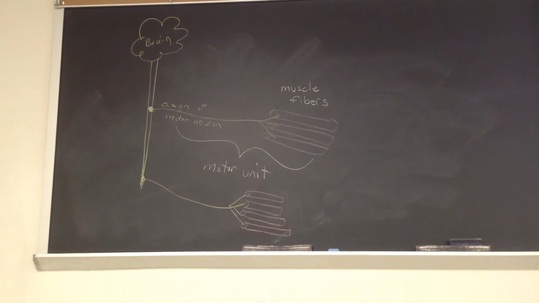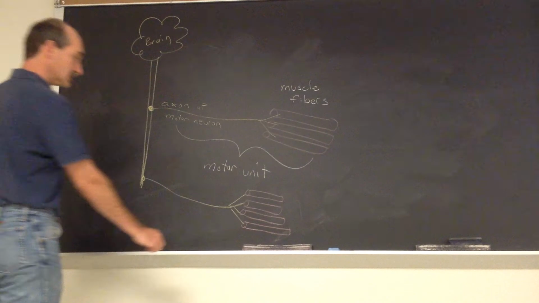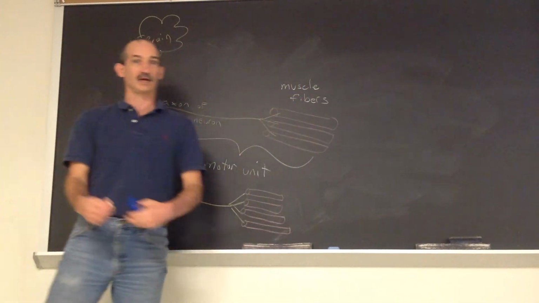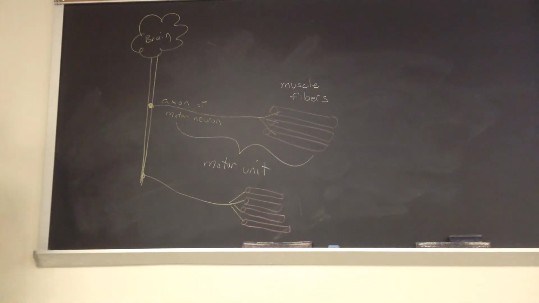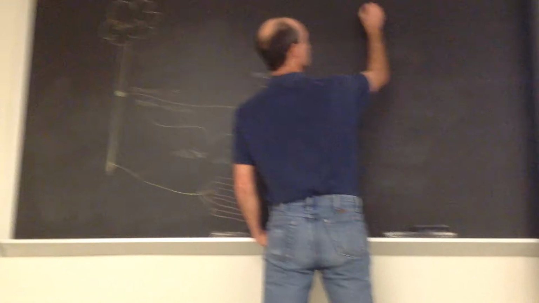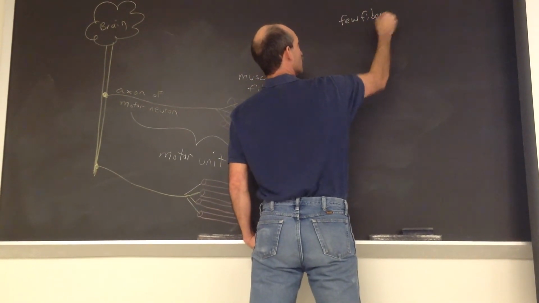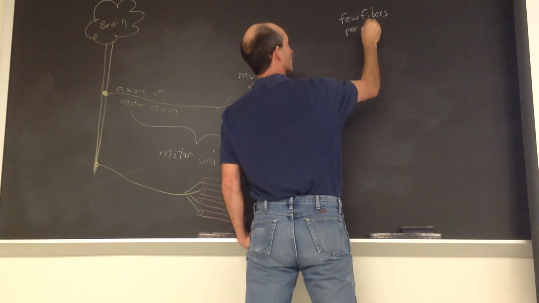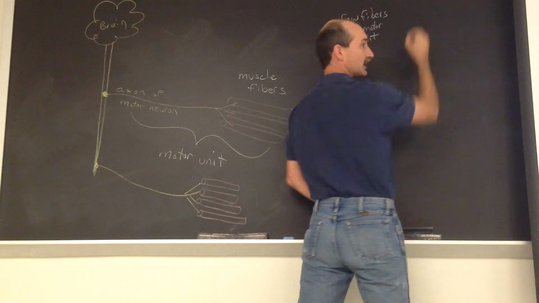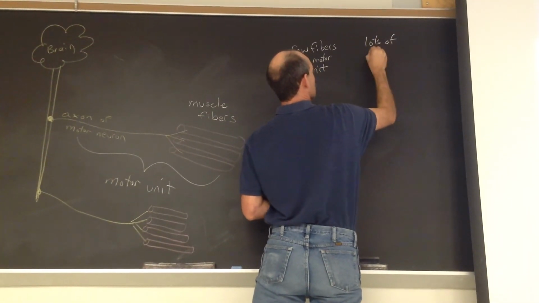Some muscles have motor units that have a lot of fibers. And there are advantages and disadvantages to that. That's my next topic, thinking about how function is related to anatomy. So we're going to compare two situations. Here's a motor unit with few fibers per motor unit. And here's a comparative, different muscle with lots of fibers.